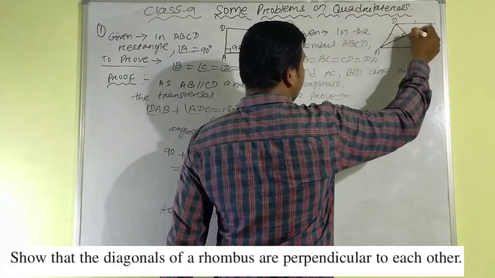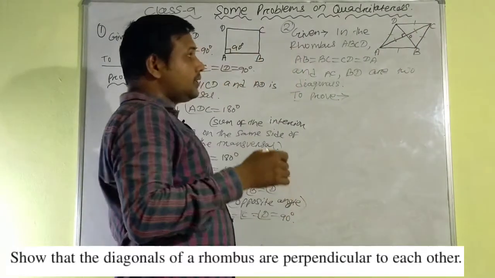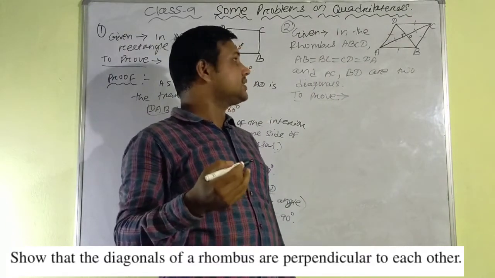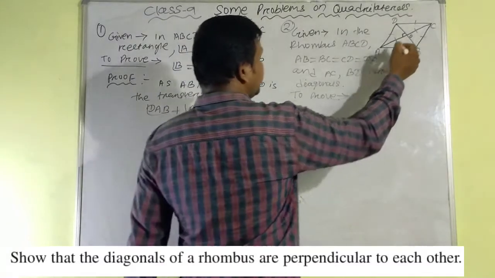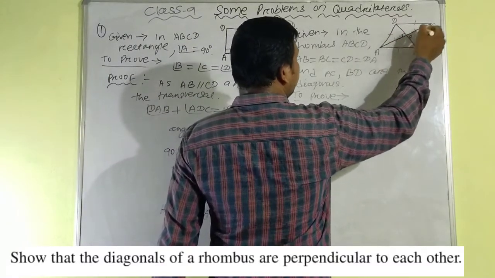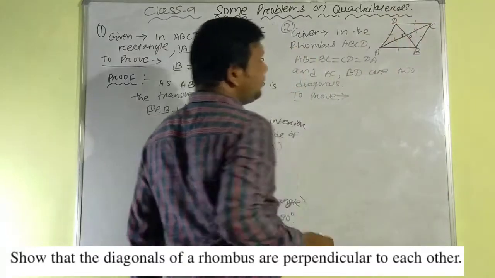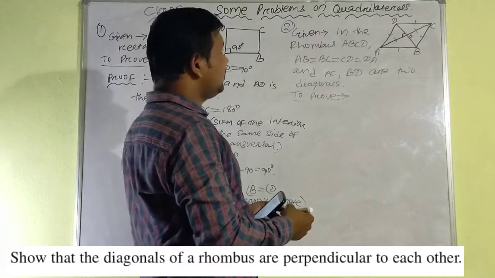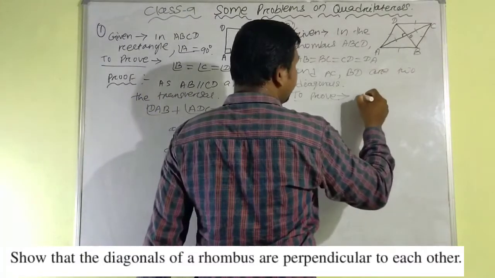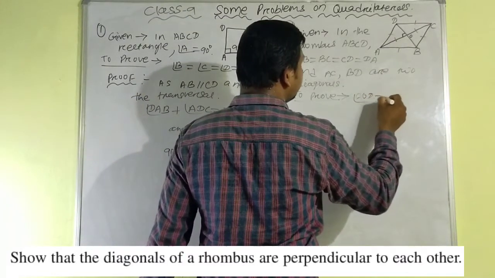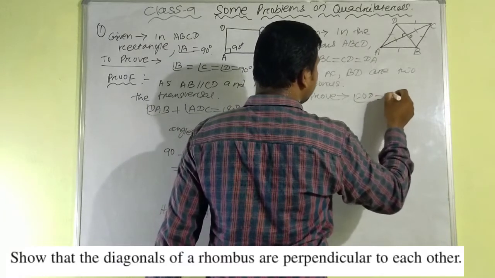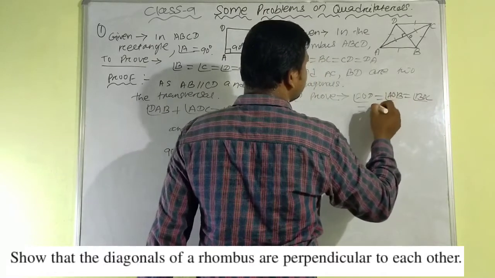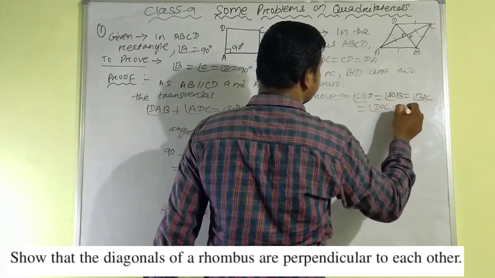Okay, we know a rhombus is a parallelogram with all sides equal, so we can say OA equal to OC and OD equal to OB, because the diagonals of a parallelogram bisect each other. Now we will write angle AOD equal to angle AOB equal to angle BOC equal to angle DOC equal to 90 degrees.